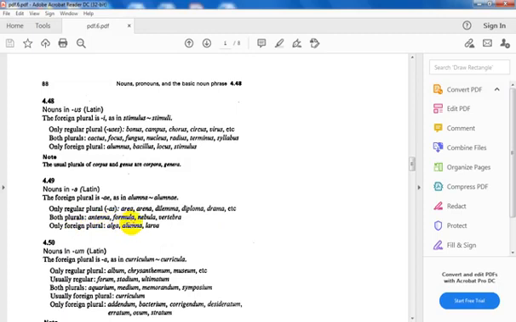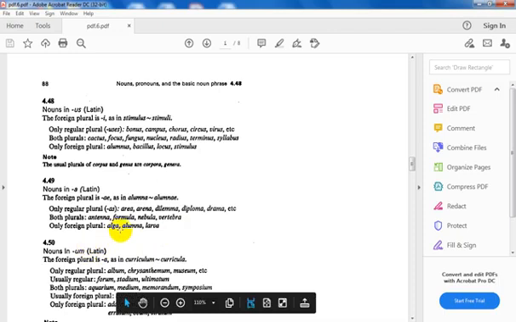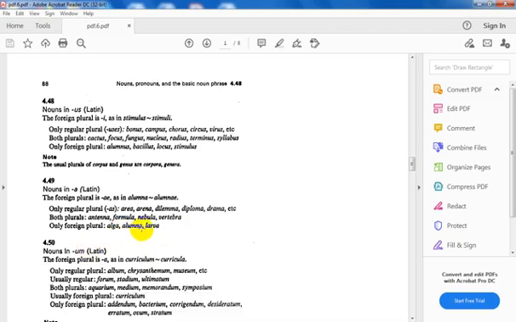Formula, formulas or formulae. Nebula, nebulas or nebulae. Vertebra, vertebras or vertebrae. In the regular form just adding S, the foreign form adds E. Only foreign: alga, algae, adding E. Alumna, alumnae, adding E. Larva, larvae, adding E.